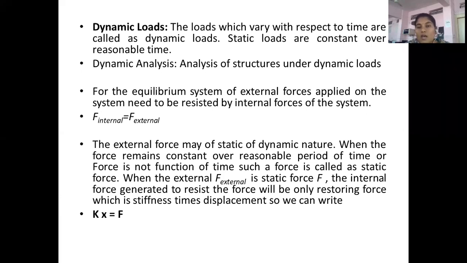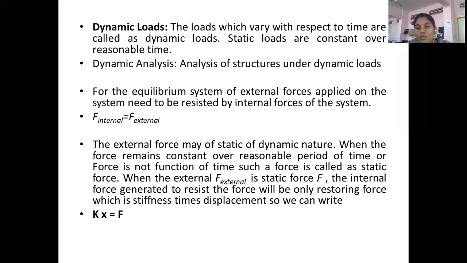Static loads, what are they? The static loads are constant and do not vary with respect to time. And static analysis and dynamic analysis: we do the static analysis when there is no change with respect to time in the load.